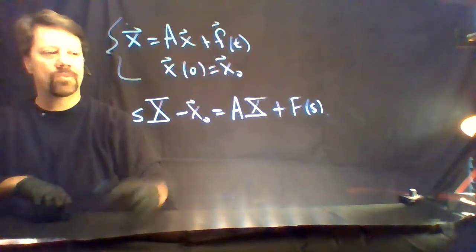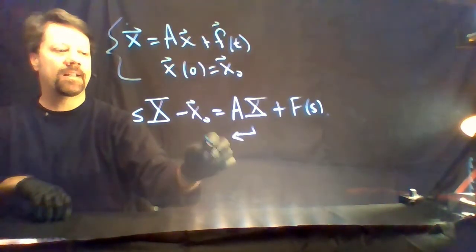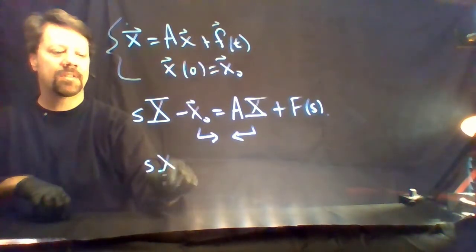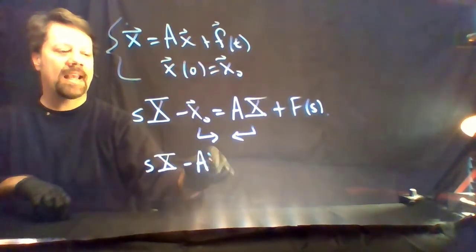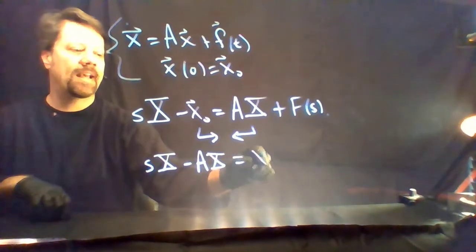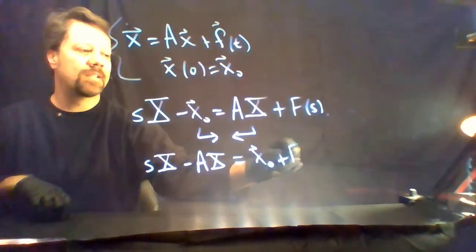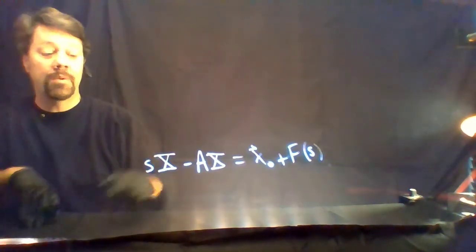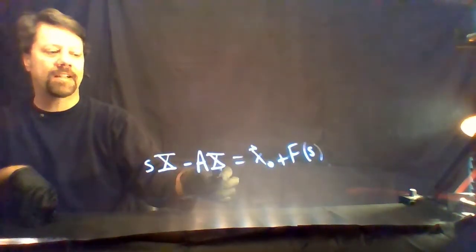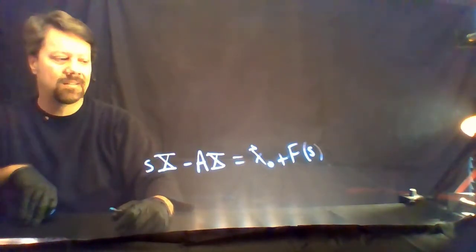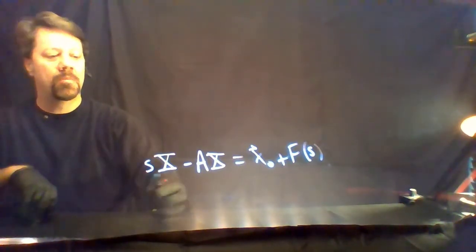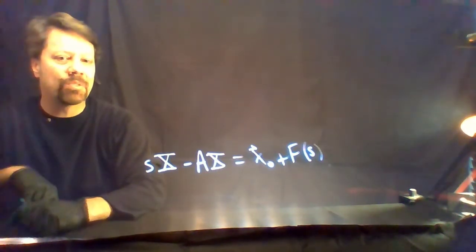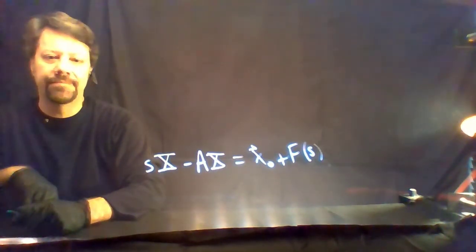To solve this, we need to get all the x's on one side and everything else on the other. We'll have s times big X minus A times big X equals x naught plus big F of s. We would like to factor this vector valued function big X on the left-hand side, but you cannot factor it out on the left because matrix multiplication is not commutative.